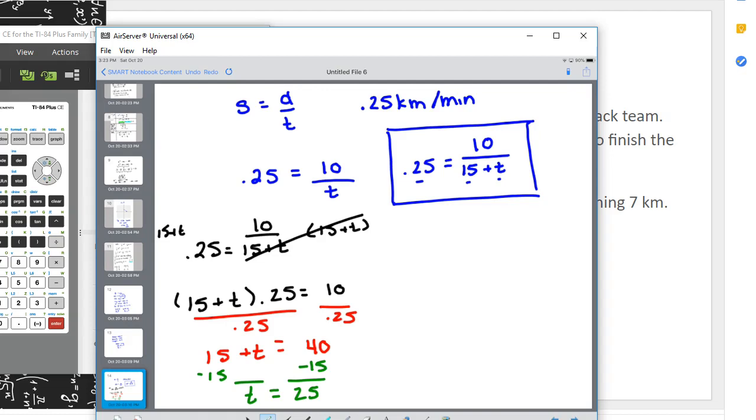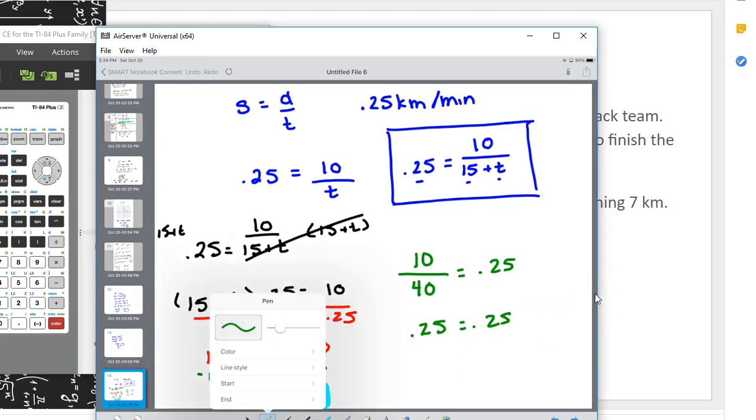Well, let's confirm that. So 10 kilometers divided by how many total minutes? Well, 25 plus 15, which is 40, should equal 0.25. 10 divided by 40 is 0.25, meaning that t equals 25 is in fact my solution. So then I can write the solution to my word problem.